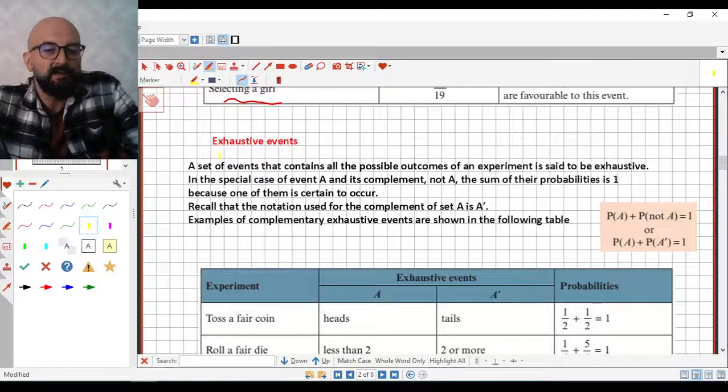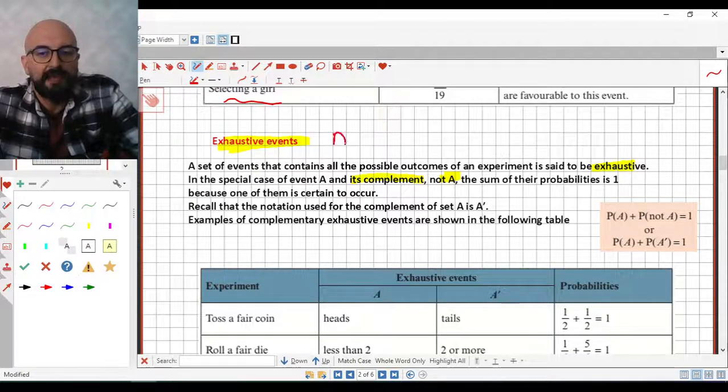Exhaustive events. A set of events that contains all the possible outcomes of an experiment is said to be exhaustive. In the special case of event A, its complement is not A. The sum of their probabilities is 1 because one of them is certain to occur.